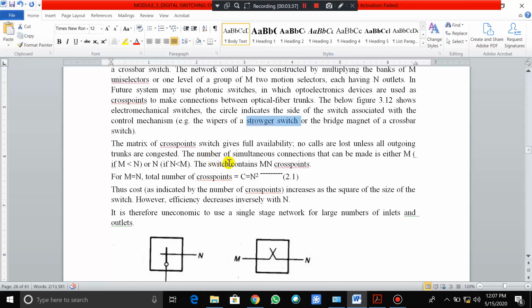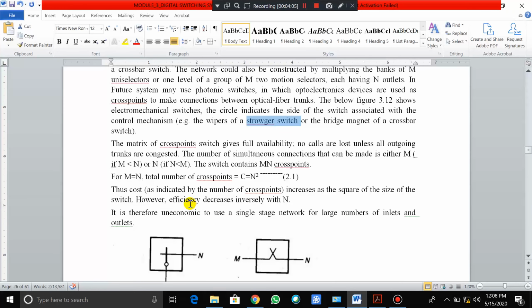The number of simultaneous connections that can be made is either M if M is less than N, or N if N is less than M, and the switch contains MN crossbar points. So for M equal to N, the total number of crossbar points is C equal to N square. Thus, the cost increases as the square of the size of the switch.